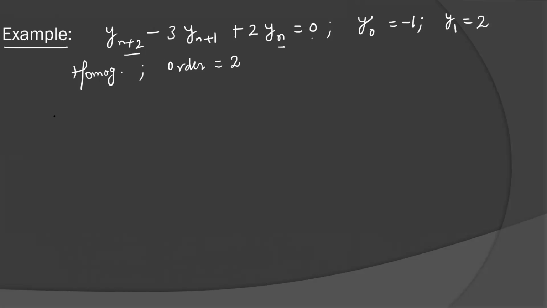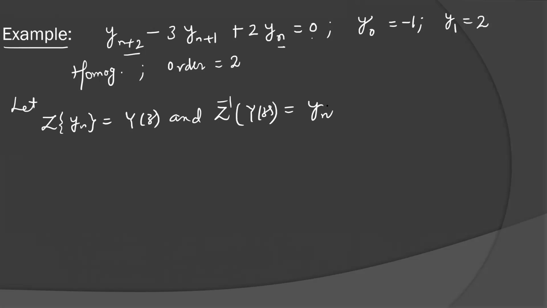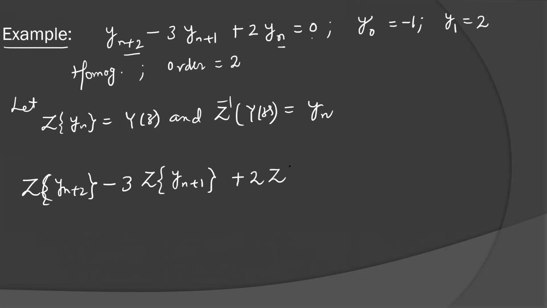Now, take the Z transformation on both sides. Let the Z transformation of the y n sequence be Y of z, and the inverse Z transformation of Y of z is y n. Now, if you take the Z transformation, Z of y n plus 2, we can separate every term, minus 3 Z of y n plus 1 plus 2 Z of y n equal to 0.